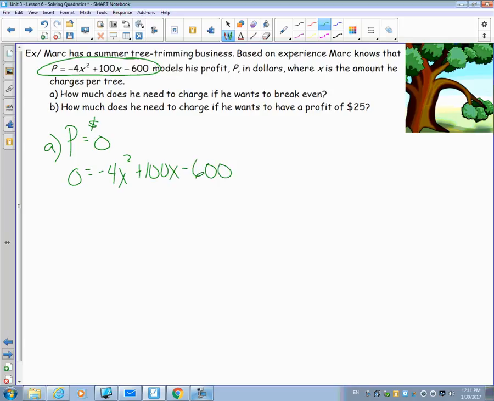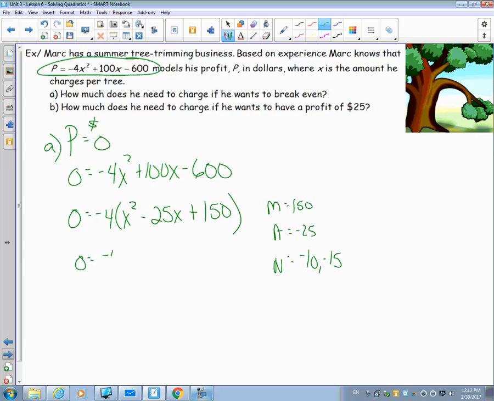Give it a try. Standard form, equal to 0, good to go. Let's factor it. Let's get rid of that negative 4 if we can. If we do, we end up with negative 25x plus 150. Is that manageable? Anything multiply to 150 and add to negative 25? You think of any numbers that do that? Well, I think negative 10 and negative 15 work.